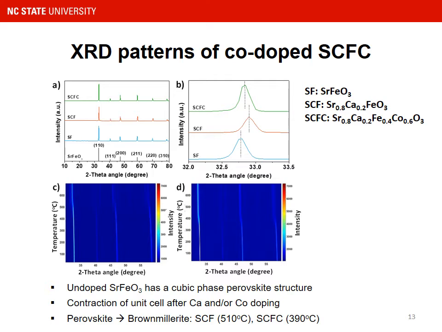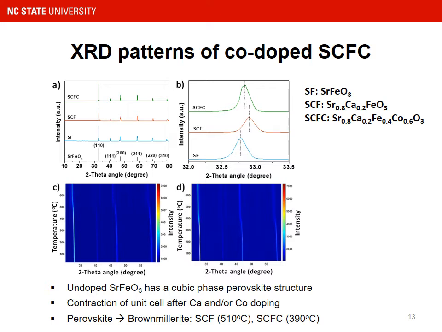We also ran in situ XRD to examine the phase transition of the pure and co-doped strontium ferrite samples in an argon atmosphere. It shows that for the pure strontium ferrite sample, the phase transition from perovskite to brownmillerite phase occurs at around 510 degrees Celsius.